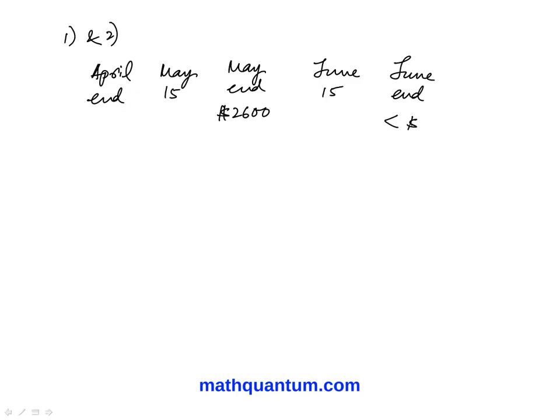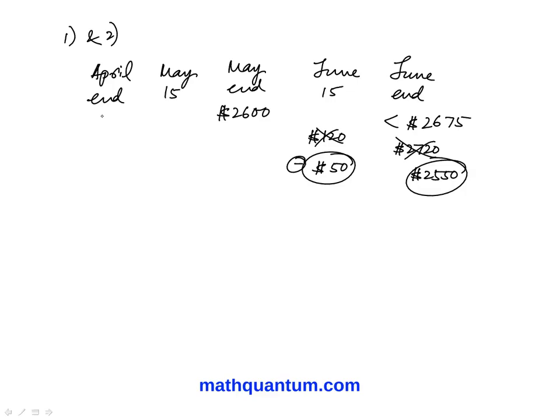So we're given that the balance at the end of June is 2,675. So we know that we can't have a deposit of 120 on June 15th, because then the balance at the end of June would be 2,720, which doesn't satisfy this. So this condition is out, which means there was a withdrawal of $50, which means the balance at the end of June is 2,550.